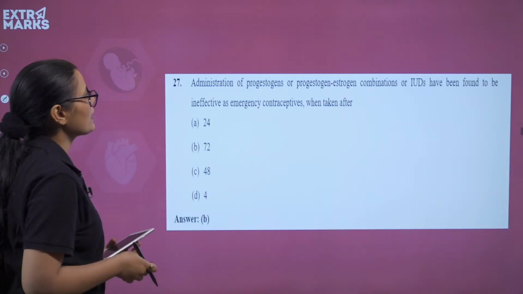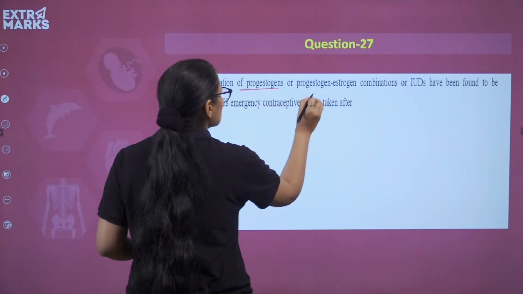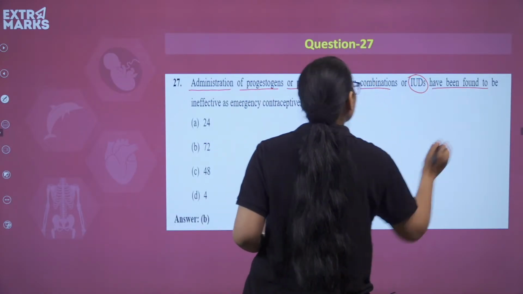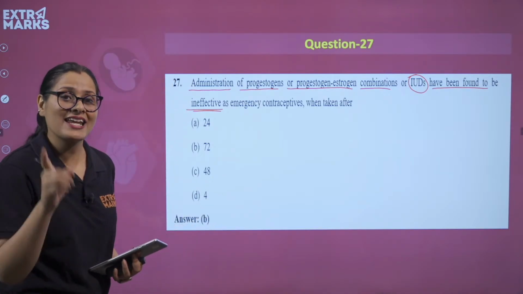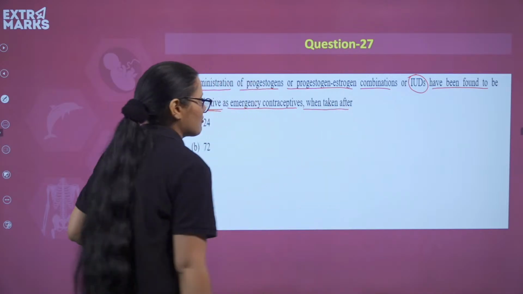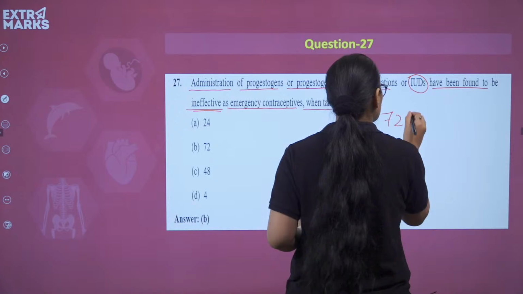Let's see the other question, which is question number 27 that says administration of progestogens or progestogen-estrogen combinations or IUDs have been found to be ineffective. There is a twist. They are ineffective as emergency contraceptives when taken after. So we know they are effective if taken within 72 hours.